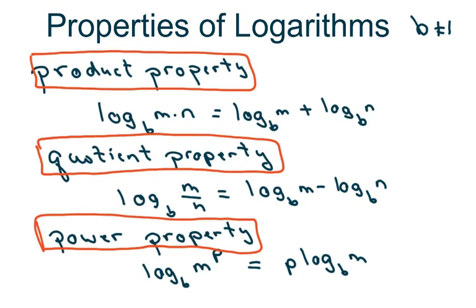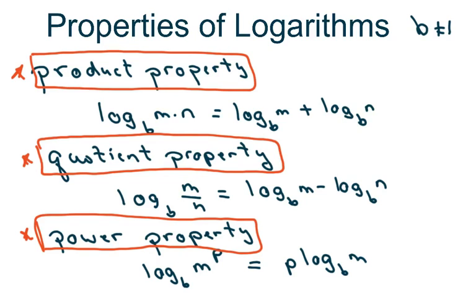Hey everyone, we're going to just work on the properties of logarithms. You have three main properties that usually the textbooks give you: the product property, the quotient property, and the power property. They're from the properties of exponents, so they should seem familiar.